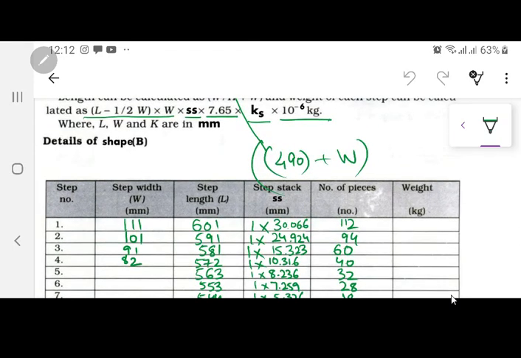This is L W minus 1 over 2 W square into SS into density into KS.